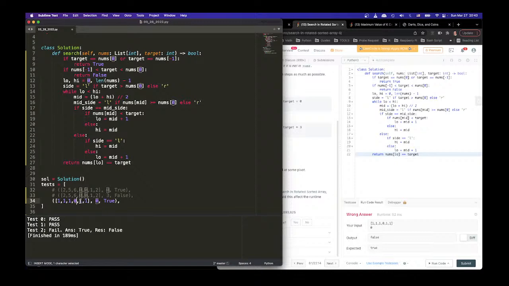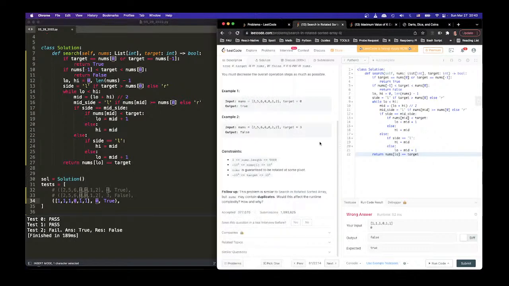I mean, one way is just to ignore all the duplicates. Duplicates make things more complicated. But why not? We can just remove the duplicates. Whenever we see duplicates, we just skip them. So eventually we end up with an array with no duplicates.